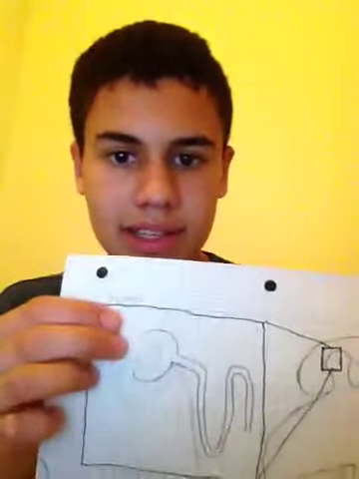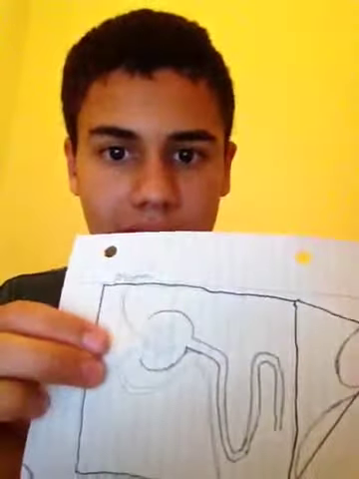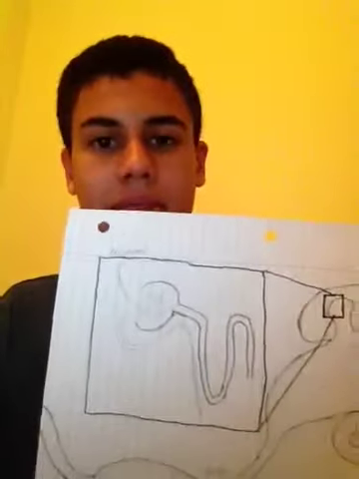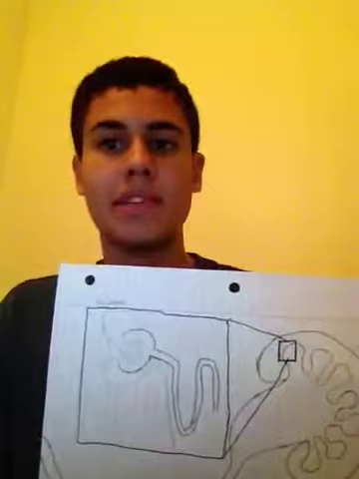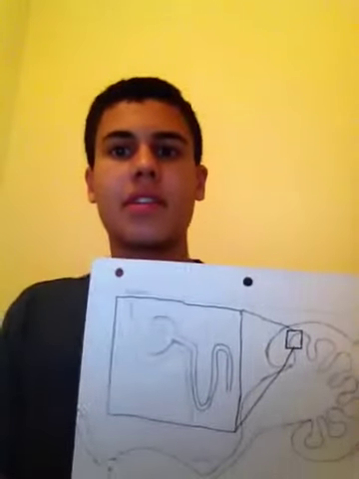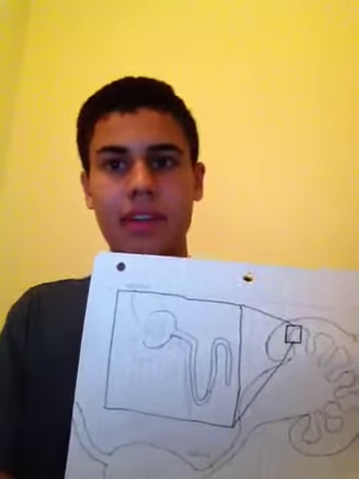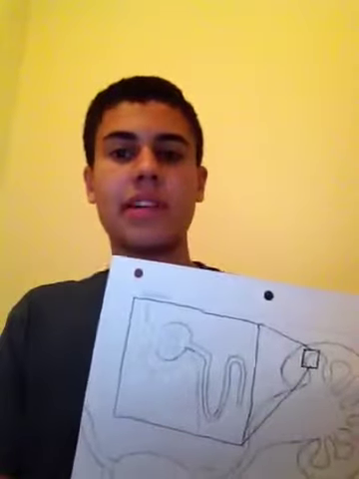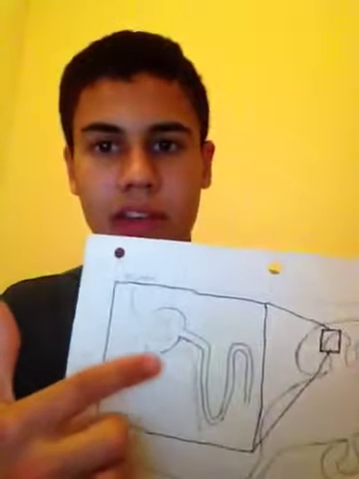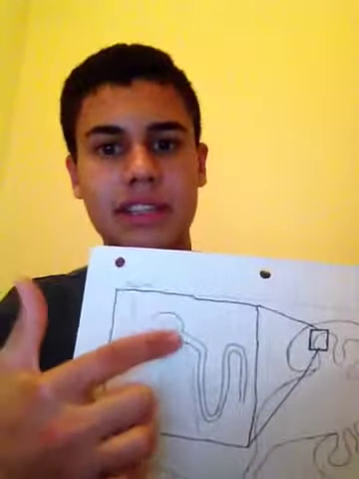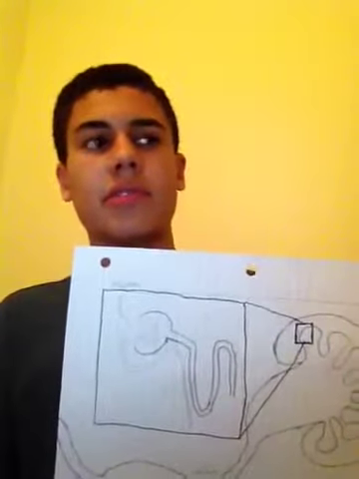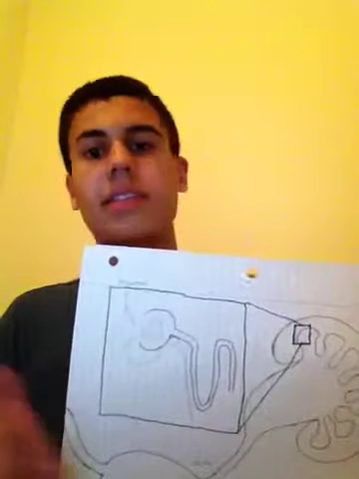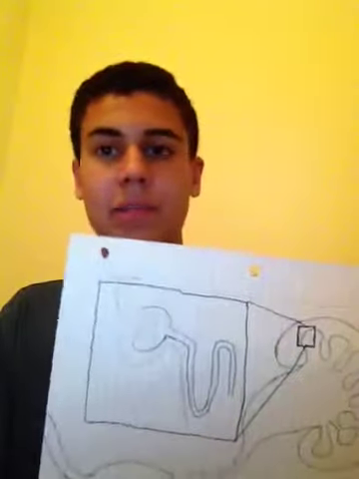This glomerulus is a big ball of capillaries with high pressure that filters out all the materials in the blood through the filtration membrane. Next we have Bowman's capsule, which is this capsule and the glomerulus that captures all of those filtrates, the materials taken out of the blood.